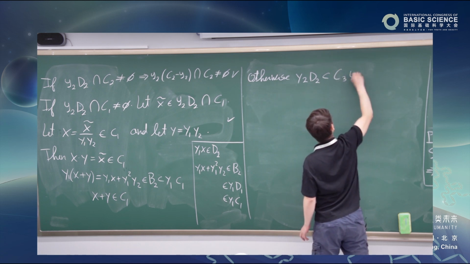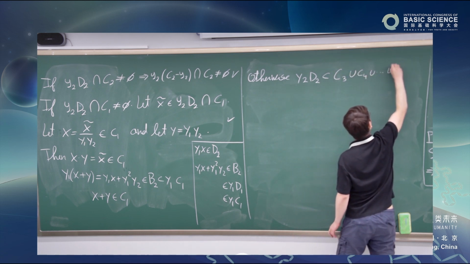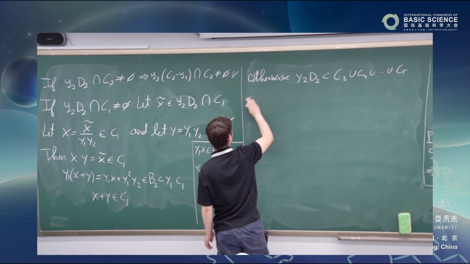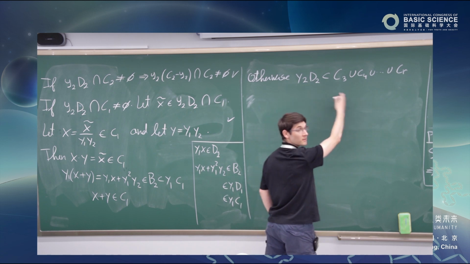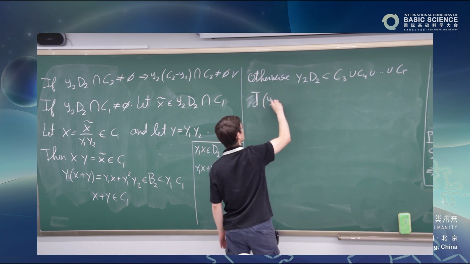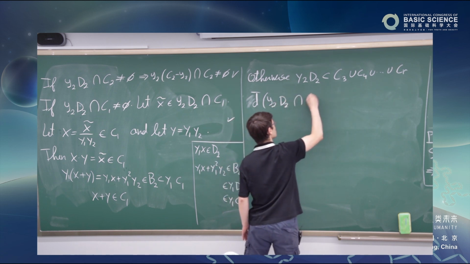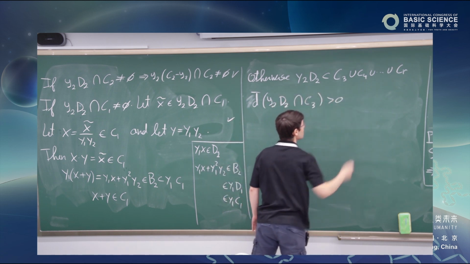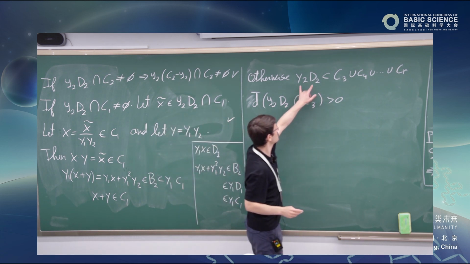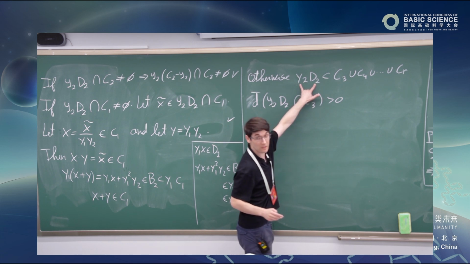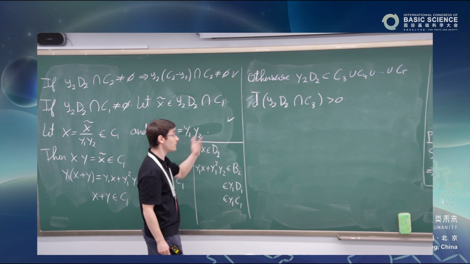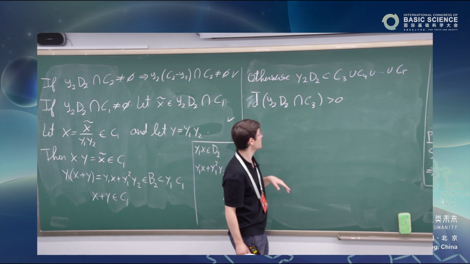It's contained in C3, C4, up to Ci. And so I can now reorder the remaining colors again, so that the density of this set intersected with C3 is positive. There's always one color for which the density is positive, because D2 has positive density and the dilate has positive density, so I need to be able to find a color for which the intersection has positive density.